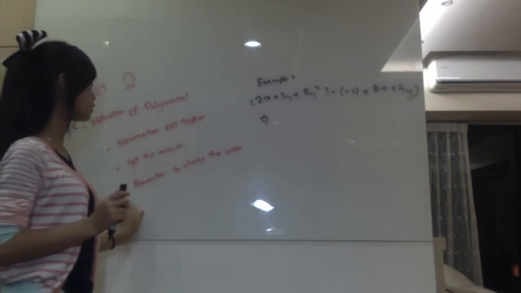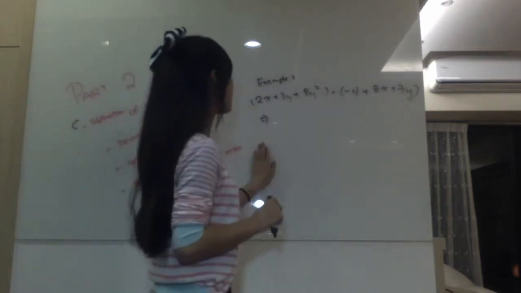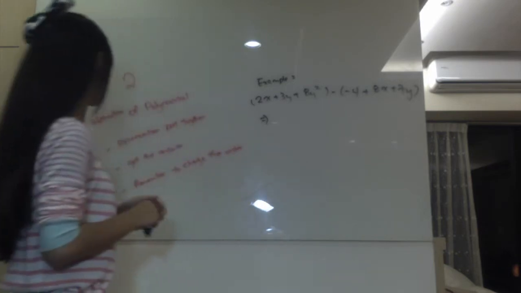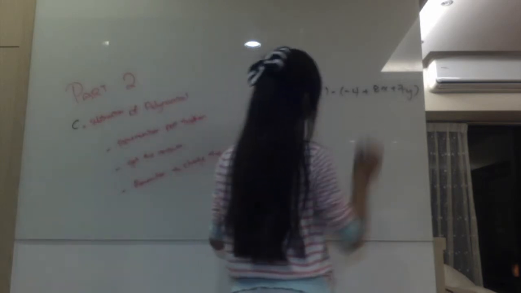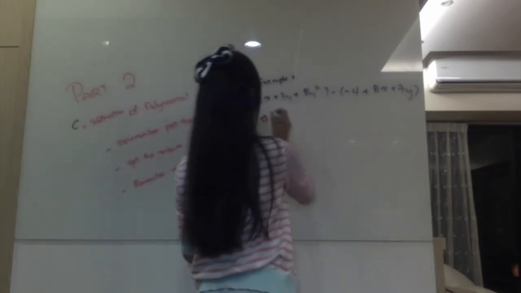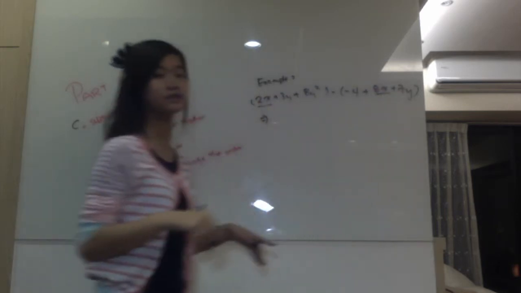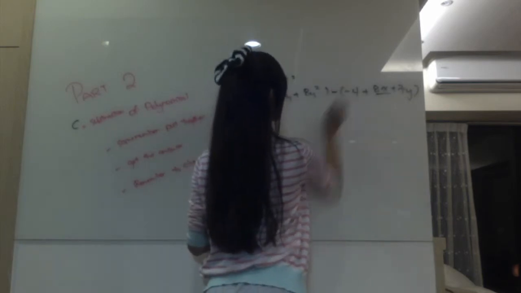Last, remember to change the order. Okay, this is an example of subtraction of polynomials. First, you need to find the same degrees, and then you need to subtract them.